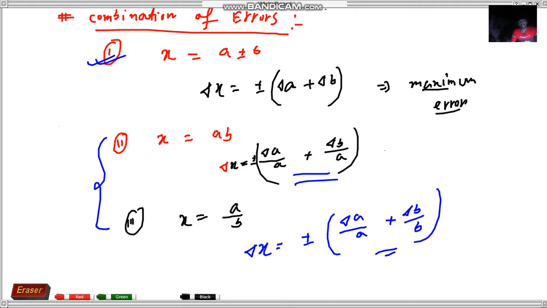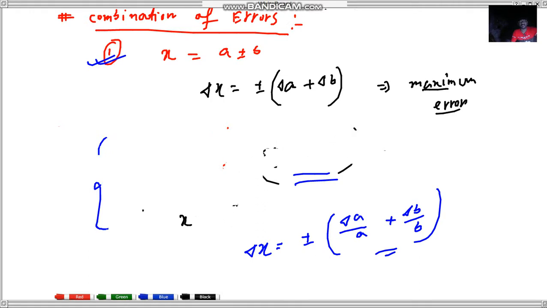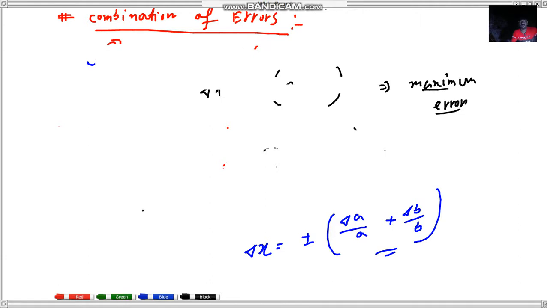I can prove this result by using the log. I would like to prove it for the more general case, so it will cover all the things.